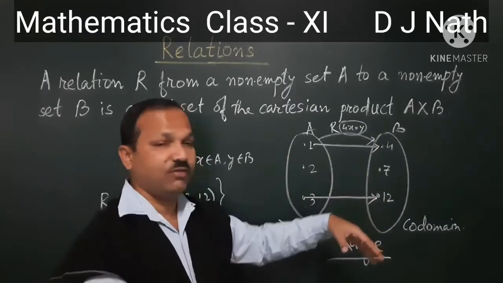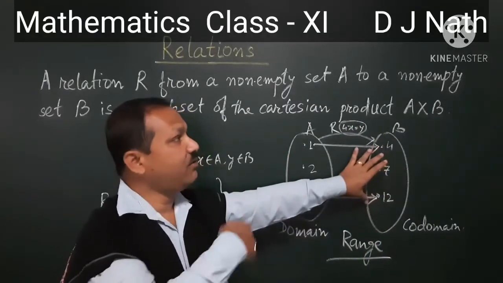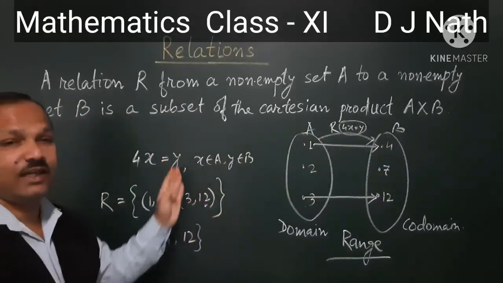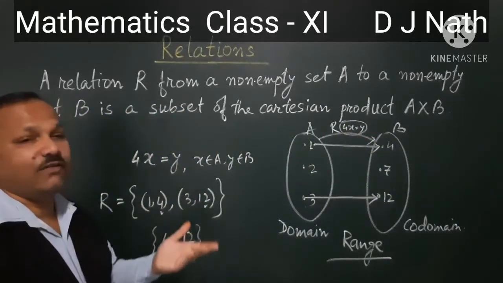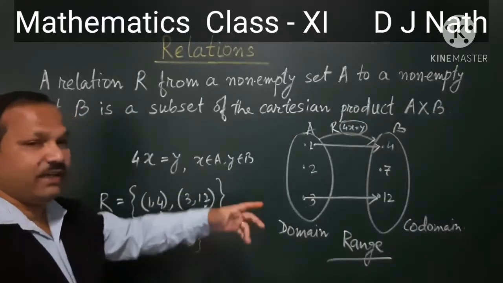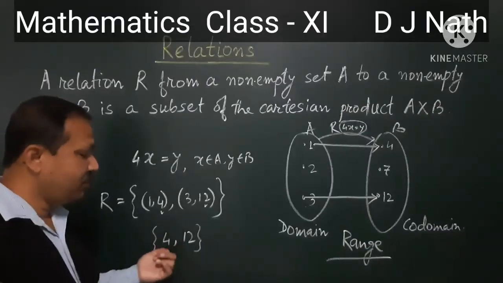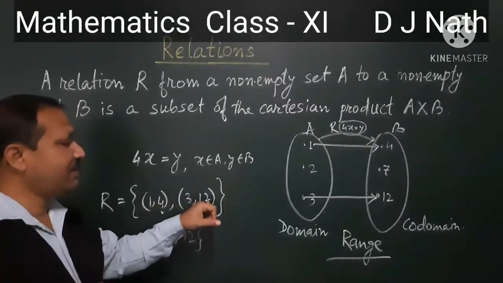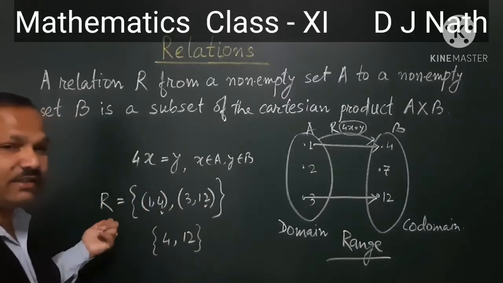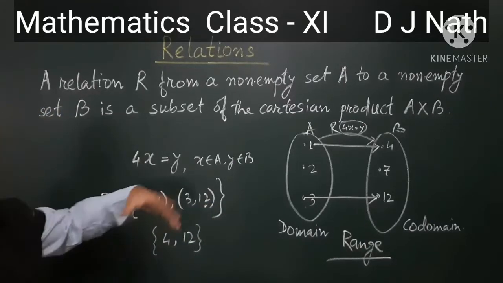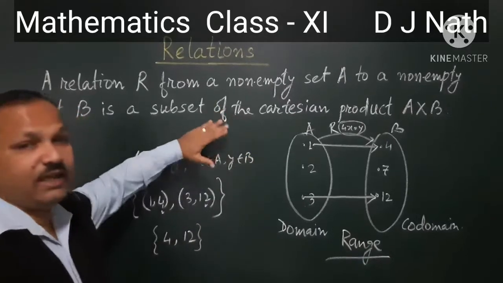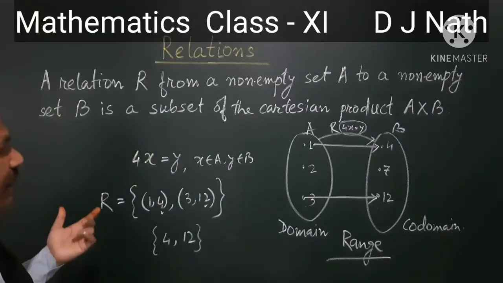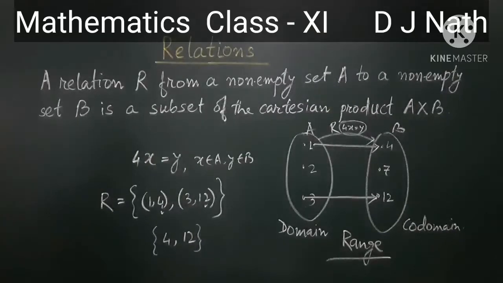If it is equal to the codomain, then when we go to functions, we will see that. So what is the domain and range? The first elements are called domain and the second elements are called range in the relation. Okay? So in any relation, we can find the domain, codomain and range like that.